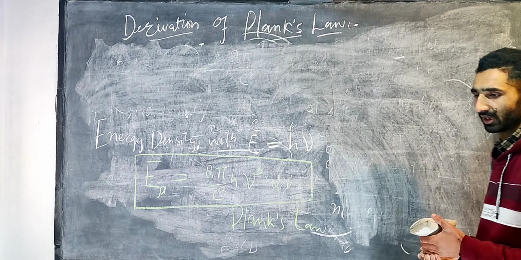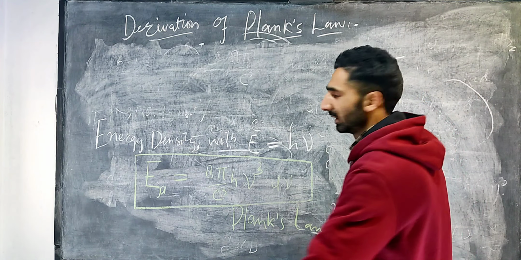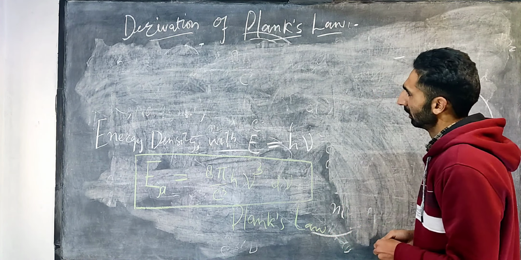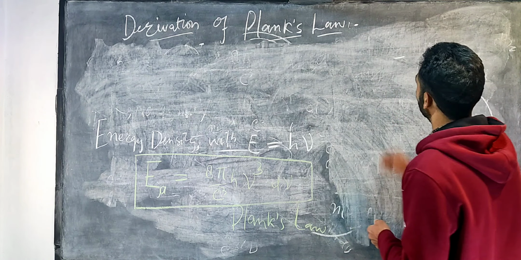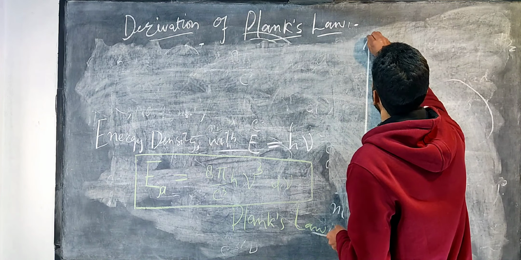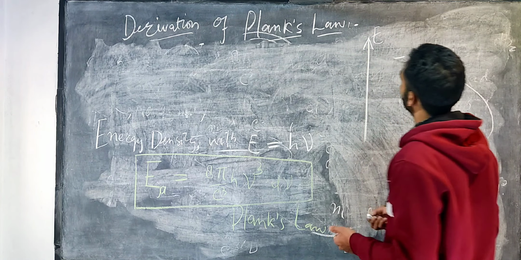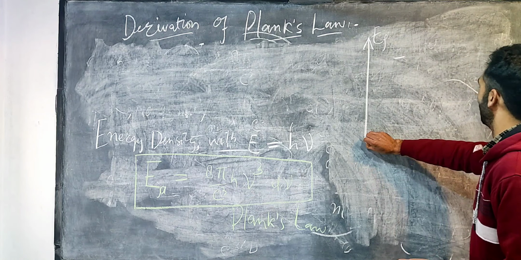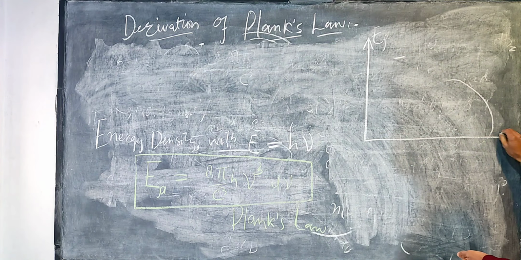If we draw the graphical representation of this, it will look like this. This is the energy density axis, and along this axis we will take the frequency.